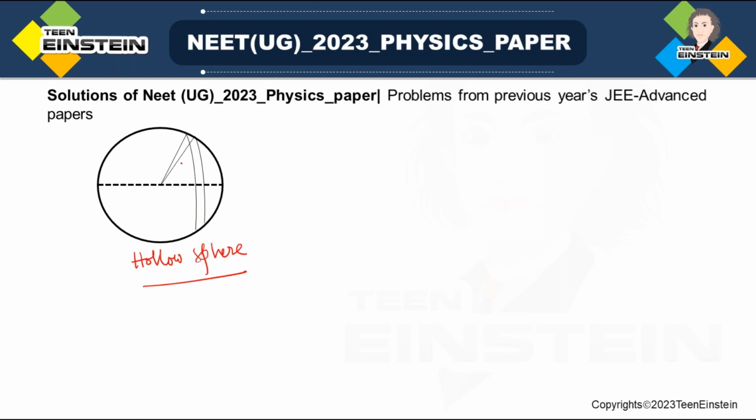Anyway, so we can just consider the ring. So look here, let us consider this kind of ring, or this is also called a stripe. Let us consider a stripe or ring. See how it will be. It will be having mass.